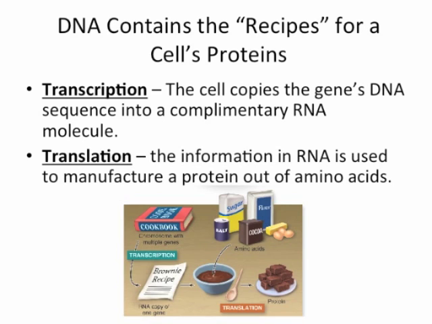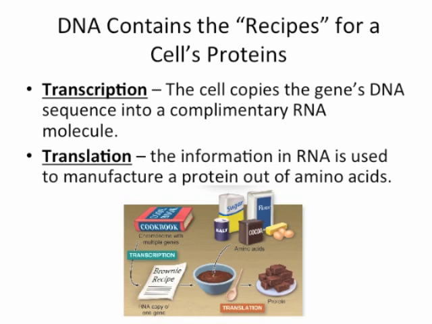And now you're going to take that recipe to your kitchen and make the brownies in this example. The process of taking that recipe and actually making a protein is translation. So the information in RNA is used to manufacture a protein out of amino acids. So first you copy the recipe, and then you read the recipe and follow it to make the protein.